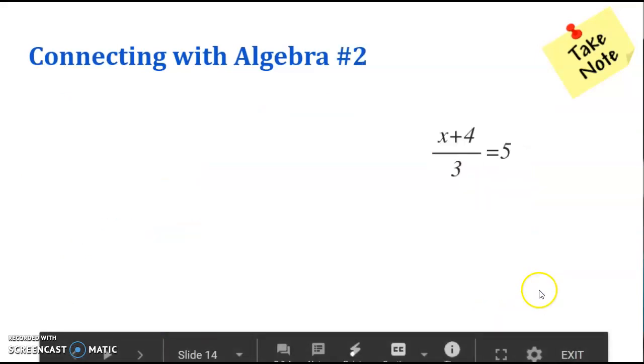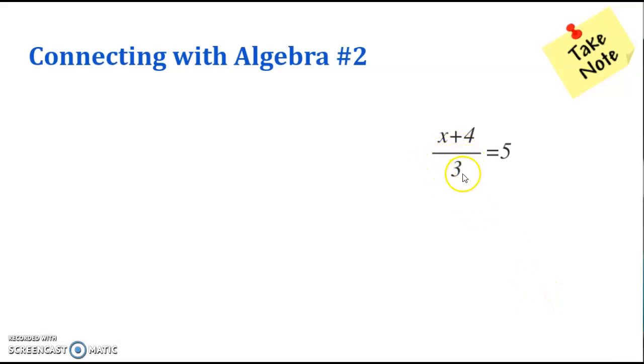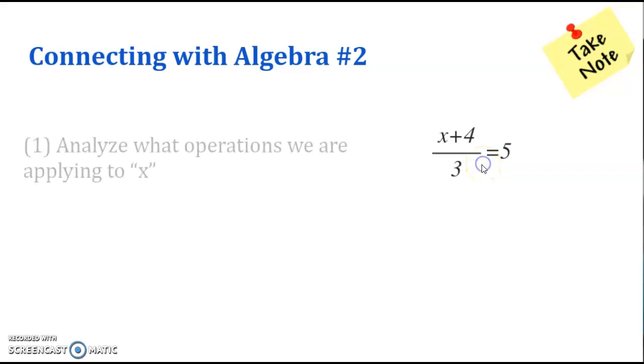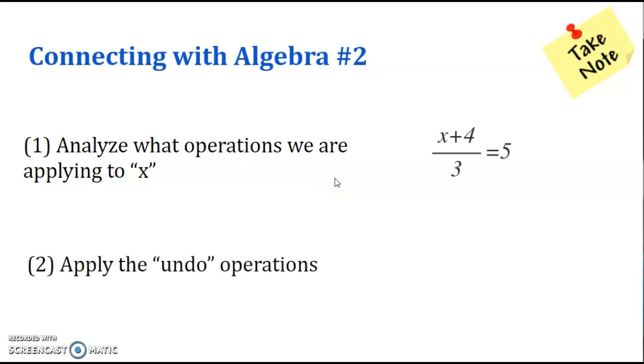Okay, let's try again with another problem. If you have x plus 4 divided by 3 is equal to 5, well, let's go through the same thing. We need to analyze what operations we apply to x first, and then we need to apply the undo operations. So what are we doing to x here? X is first being added by 4, x plus 4, and the result is being divided by 3.